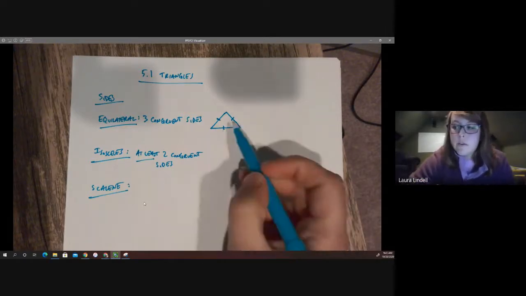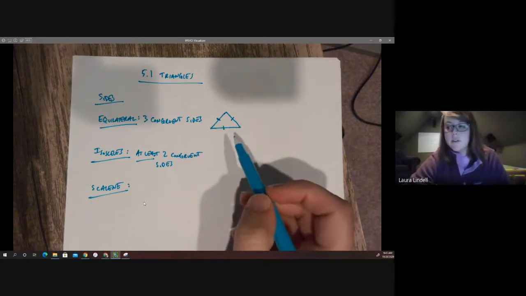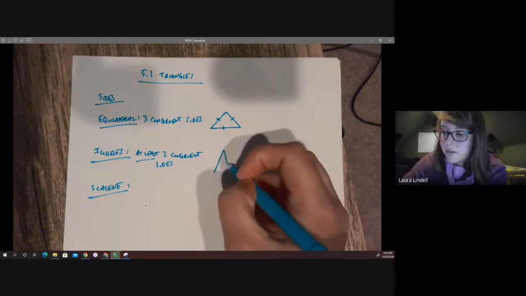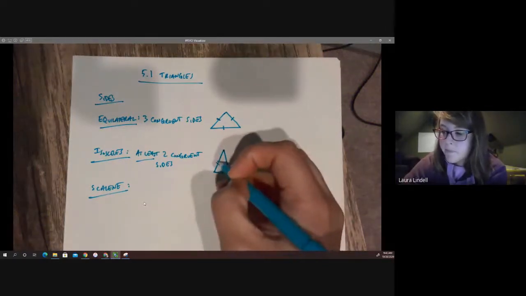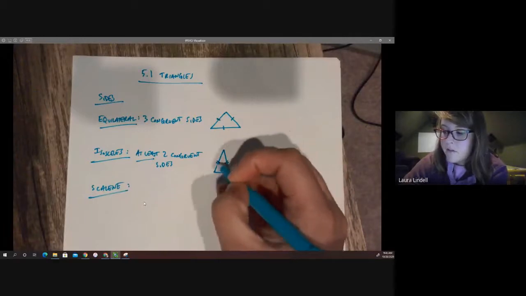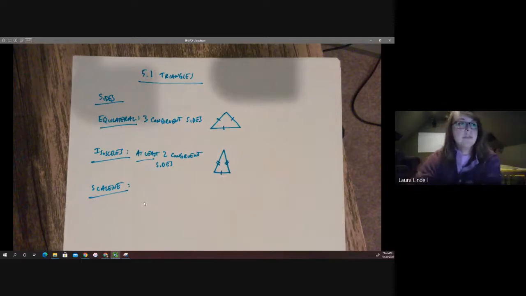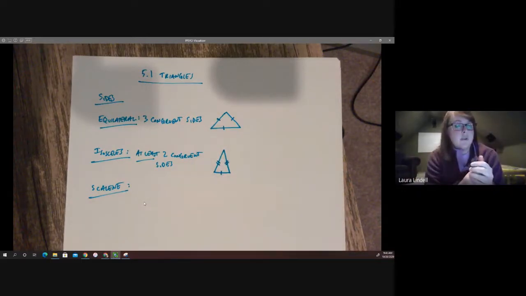An equilateral triangle is technically also a special case of an isosceles triangle. We wouldn't typically call it isosceles, since we want to classify it by the most specific name. So for an isosceles triangle, we might see something like this, where two of the sides are the same and one of them is different. So at least two congruent sides.